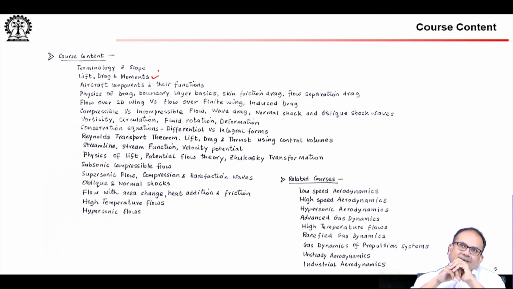For thin airfoils, we will see that the aerodynamic center is located at the quarter chord. Okay? And for thin symmetric airfoils, we will see that the center of pressure also lies on the quarter chord point. On the other hand, for the thin cambered, the center of pressure may be somewhere else.